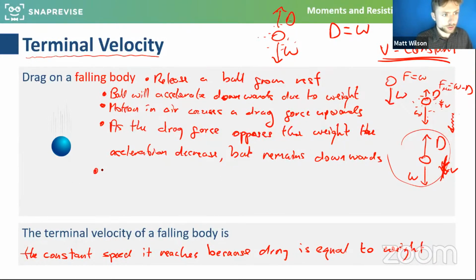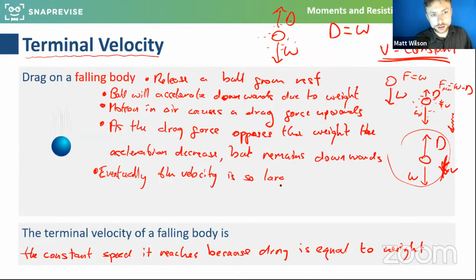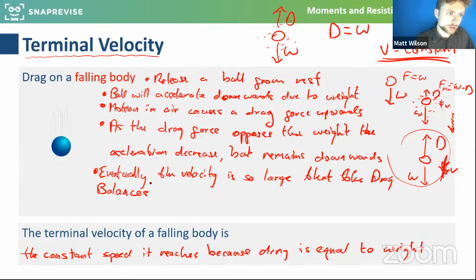So eventually, the velocity is so large that the drag balances the weight. And since the drag balances the weight, acceleration becomes 0.